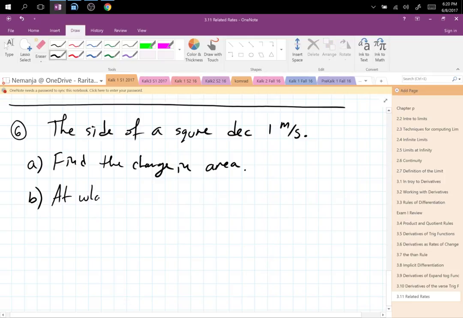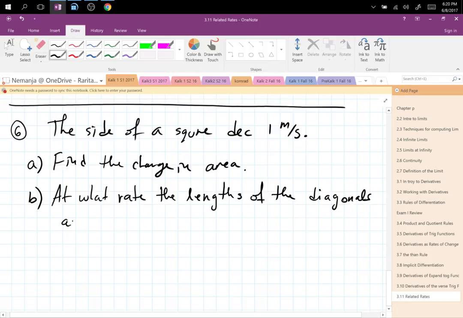At what rate the lengths of the diagonals are changing. So we have 2 questions.